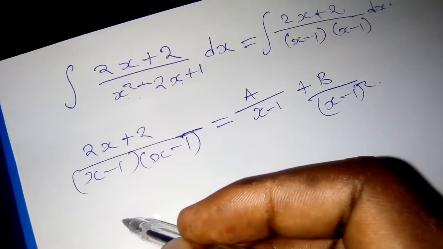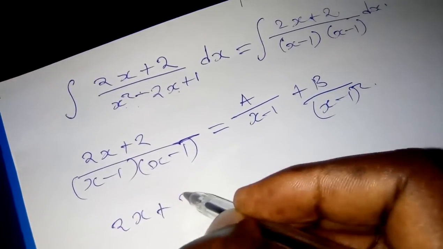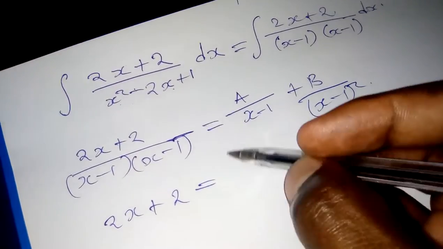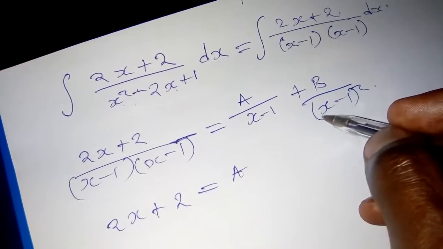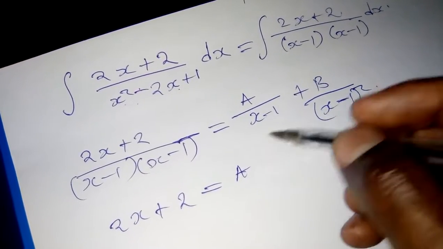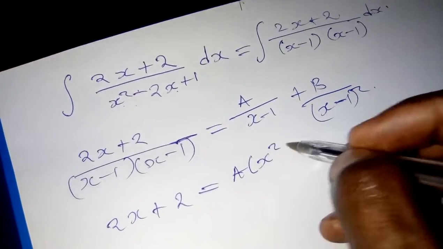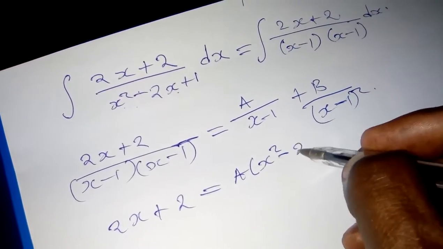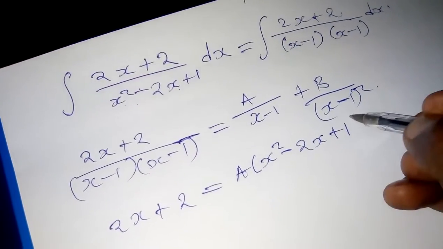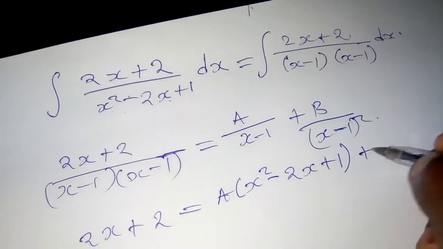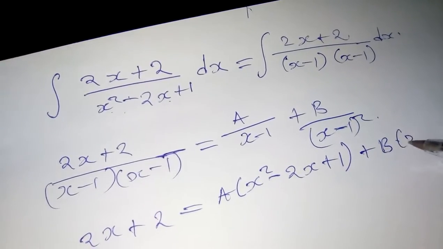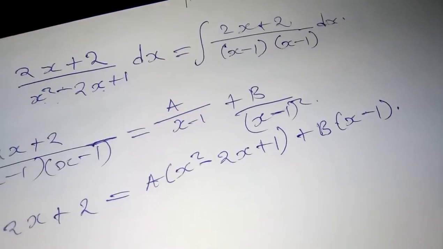When we simplify this, we're going to have 2x plus 2 being equal to A, then x squared minus 2x plus 1, like that, then plus B times x minus 1.